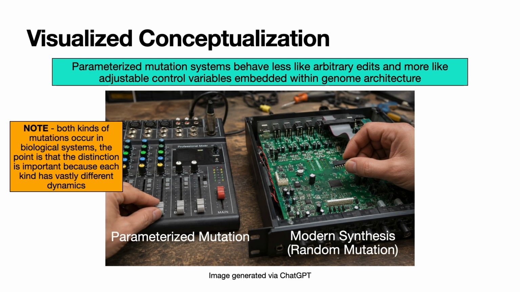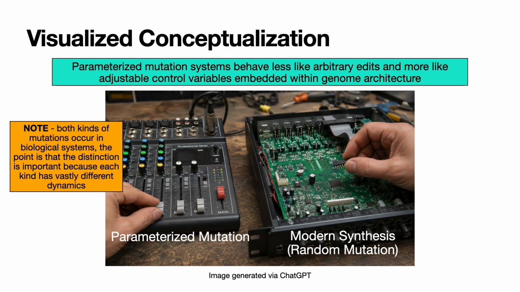So a visualization of this is here. On the left, you have parameterized mutations. You basically have well-defined slots for changes to occur in, which allows us to easily revisit those same slots. And those slots of function maintain their meaning even when other slots are changing. On the right, you have the notion of mutation from the modern synthesis, where you basically have a functional system and you're making kind of an arbitrary rather than a parameterized change to it.